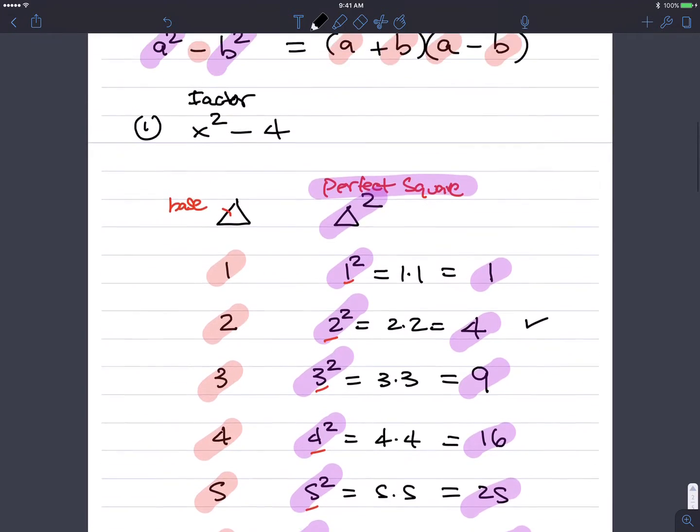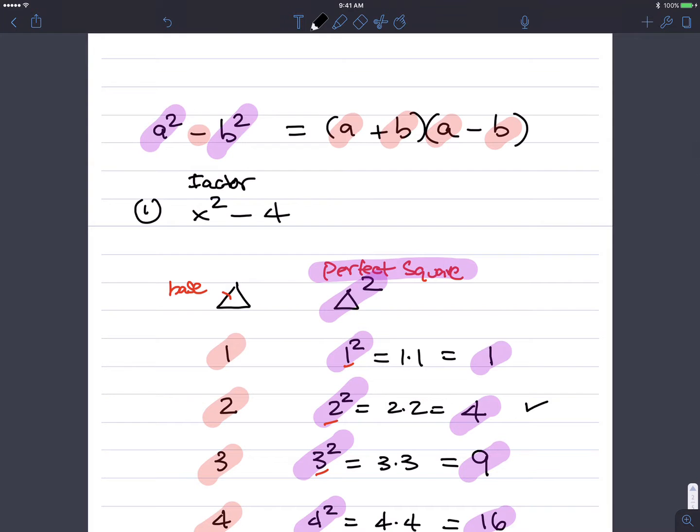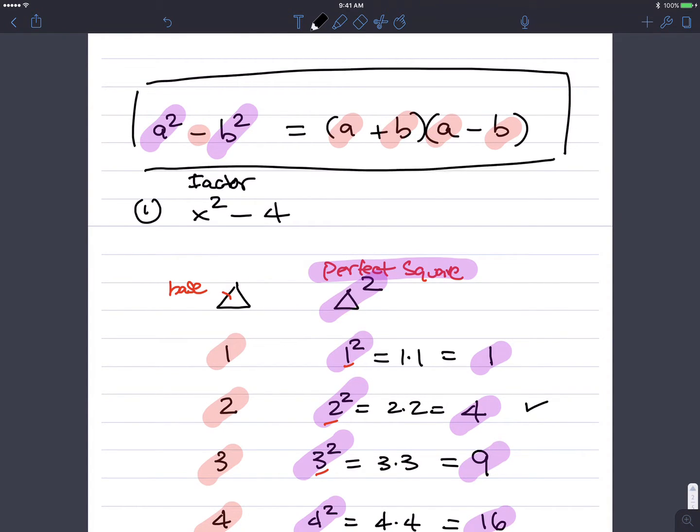How do you factor the difference of perfect squares? This is what you do. You're going to use the difference of perfect square formula. So I have x squared minus 4. Remember, 4 is written as 2 to the what? 2nd power. We did it right here. What were the bases? Remember the bases?